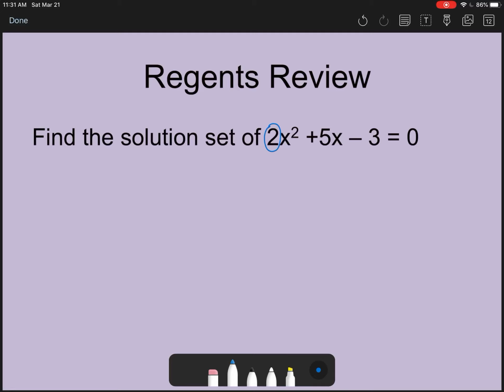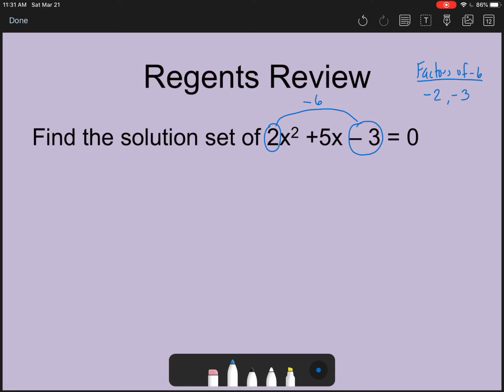Remember, when we have an a value greater than 1, we're going to take the a value and the c value, multiply them together, we get -6. We're looking for factors of -6 that add to positive 5. We make a list here.